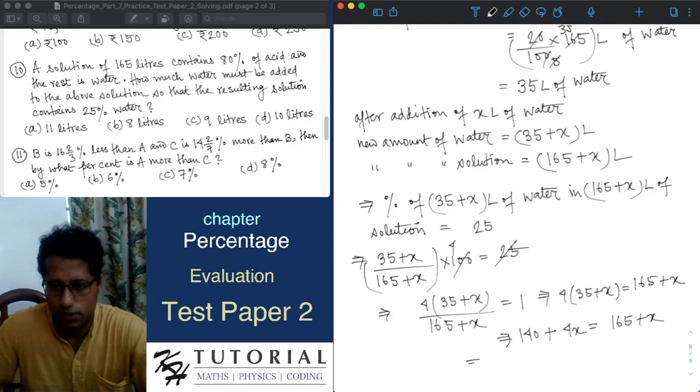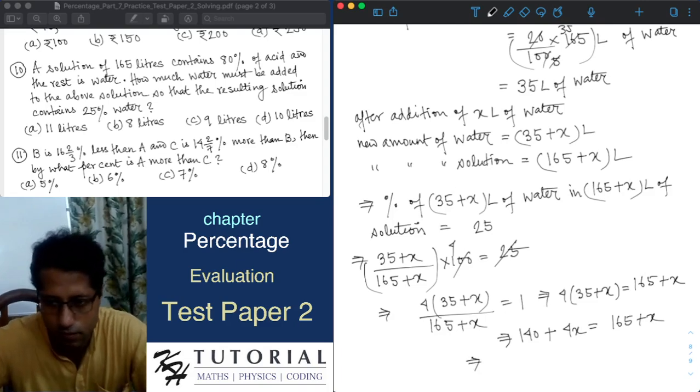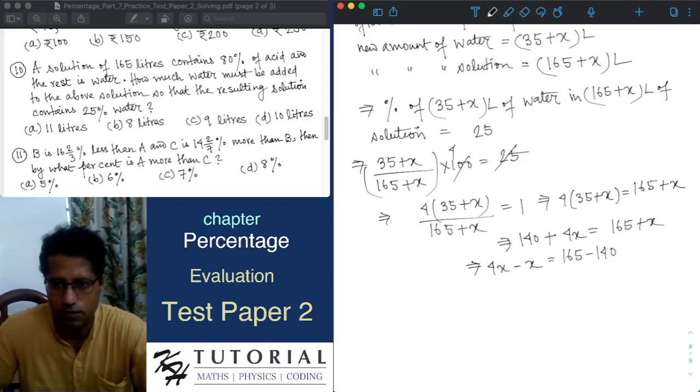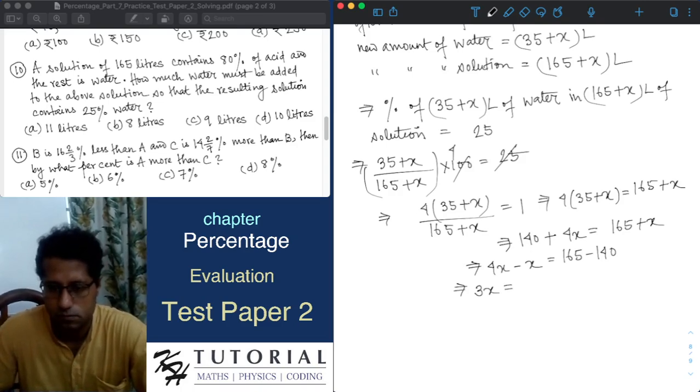Now if we bring all the x terms to the left hand side and all the constants to the right hand side, we get 4x minus x equals 165 minus 140. If we simplify further, we get 3x equals 15.